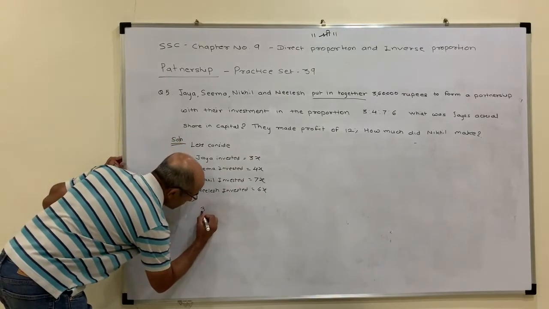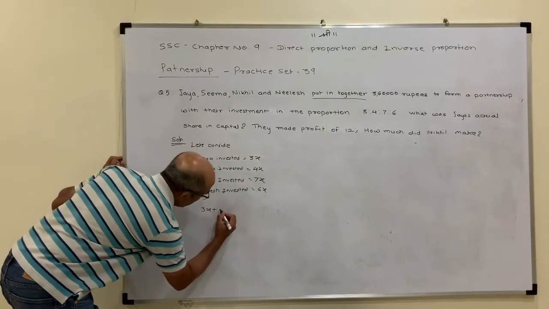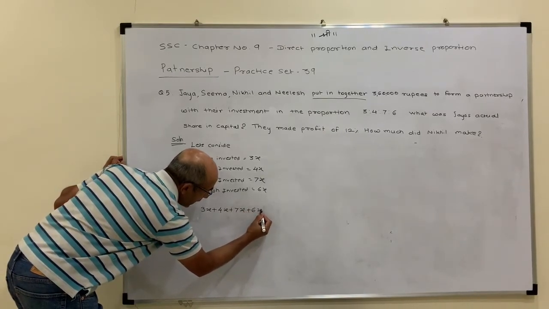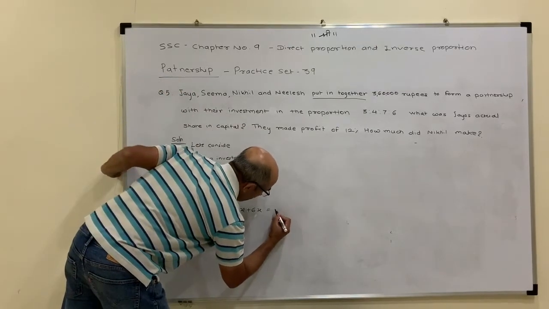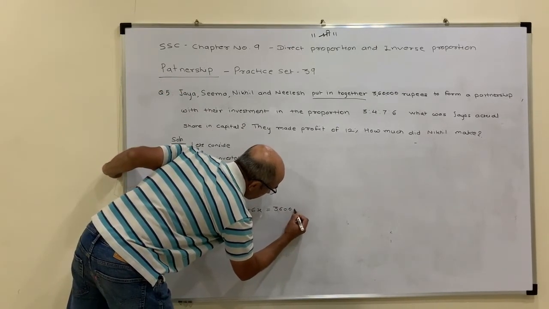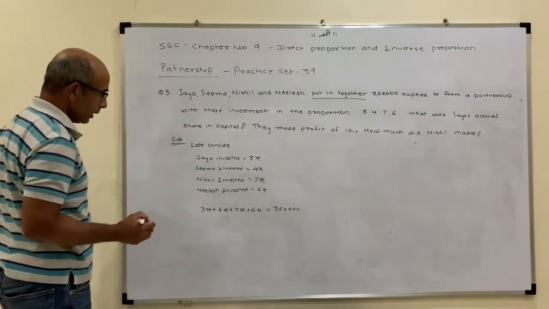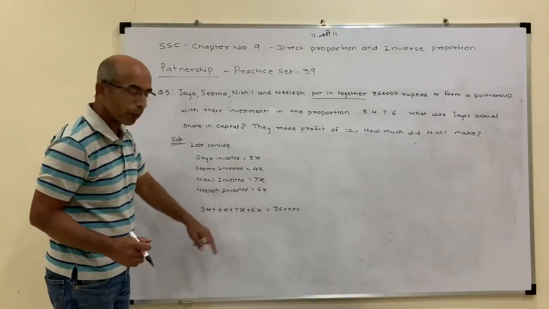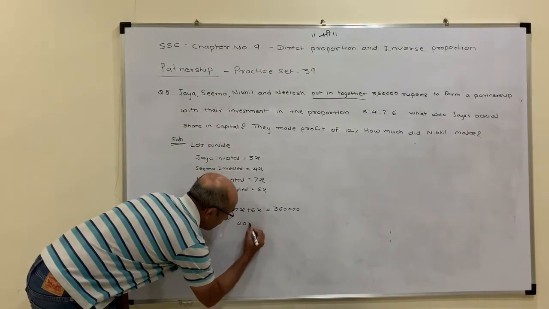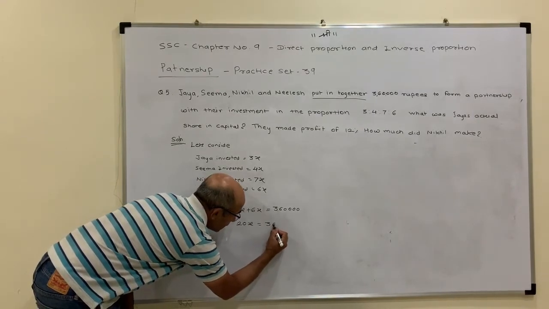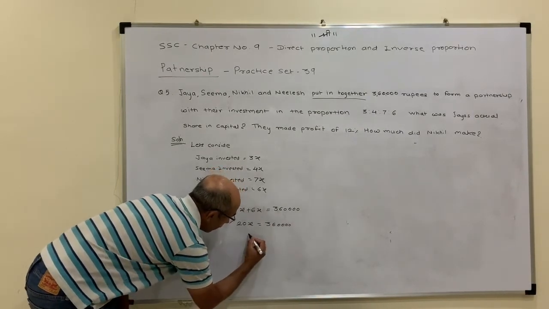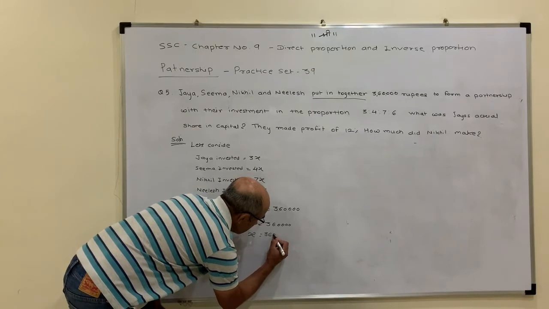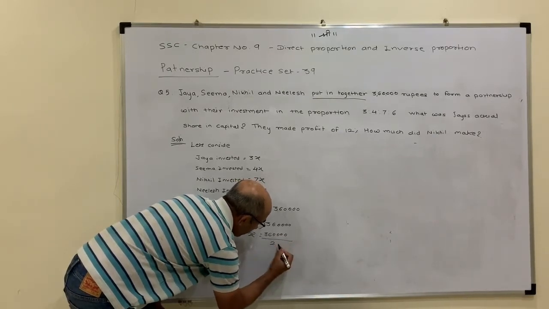So 3x plus 4x plus 7x plus 6x equals 3,60,000. So now 3 plus 4 is 7, plus 7 is 14, plus 6 is 20x equals 3,60,000. So x equals 3,60,000 divided by 20.